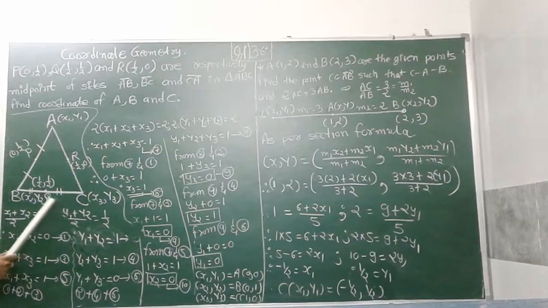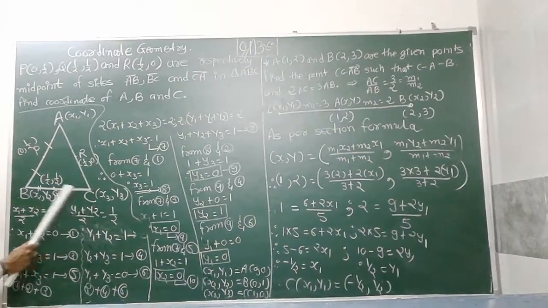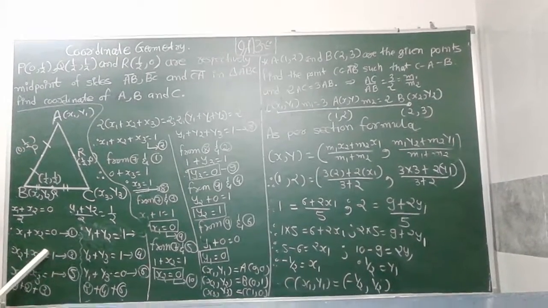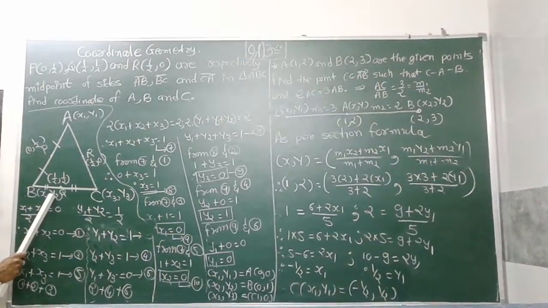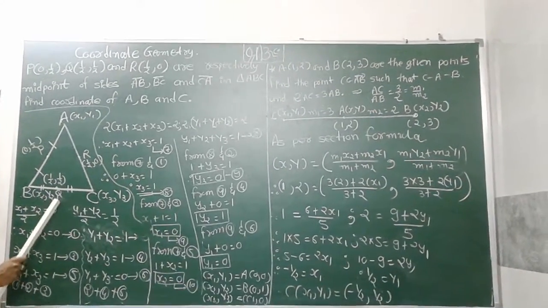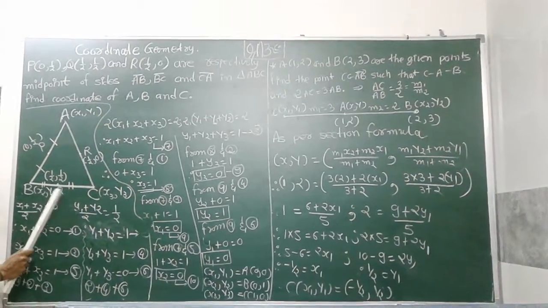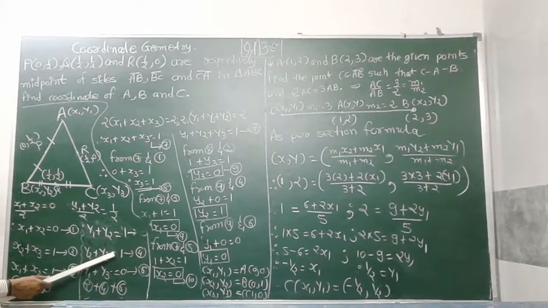for line segment BC, Q is the midpoint. Therefore, (x2 + x3)/2 is equal to 1/2. So at the end of simplification, x2 + x3 is equal to 1. Equation number 3. Same way for the y coordinate, (y2 + y3)/2 is equal to 1/2. So according to the linear equation, y2 + y3 is equal to 2/2. Therefore, y2 + y3 is equal to 1.